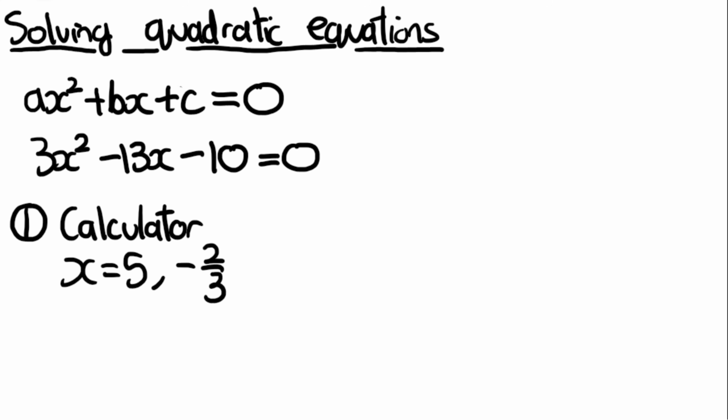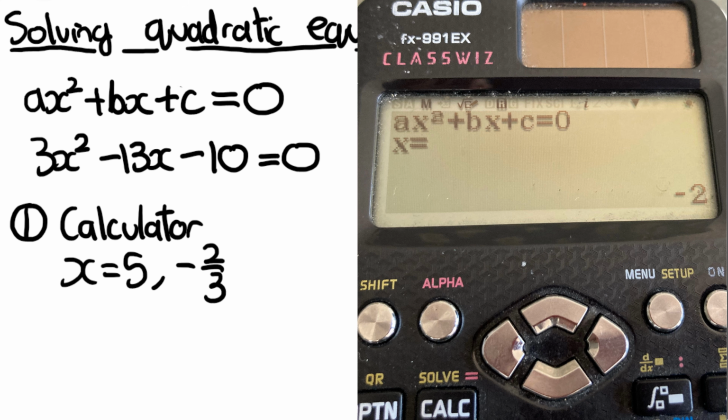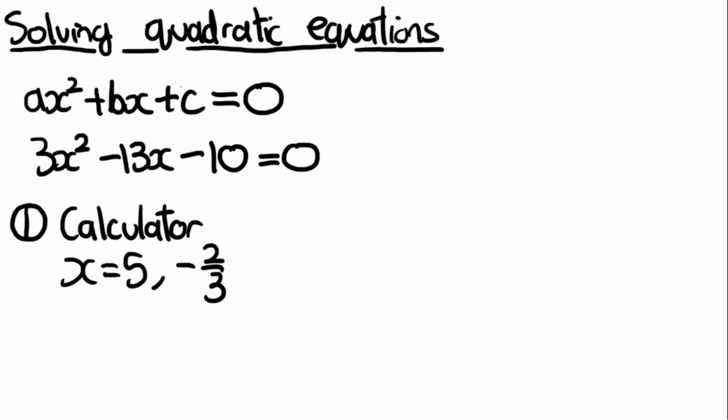Quadratic equations won't always have 2 solutions. Sometimes they will have 1 solution. The way you're able to tell this on your calculator is that the x will not have a little number next to it. It will just be x equals, and if you press equals looking for the second solution, it will bring you straight to the min of y equals ax squared, etc. It is also possible for a quadratic equation to have 0 real solutions.